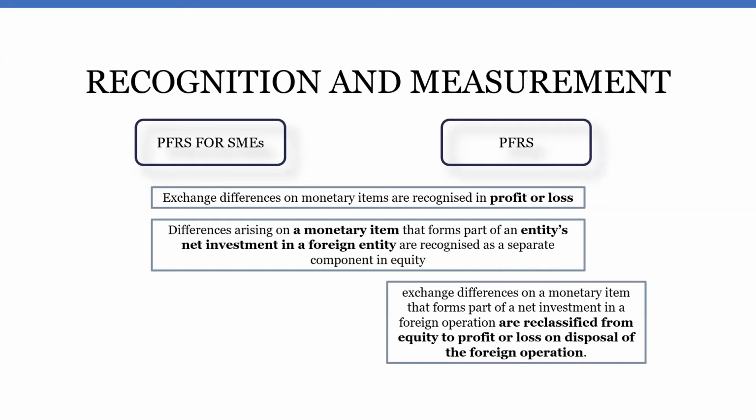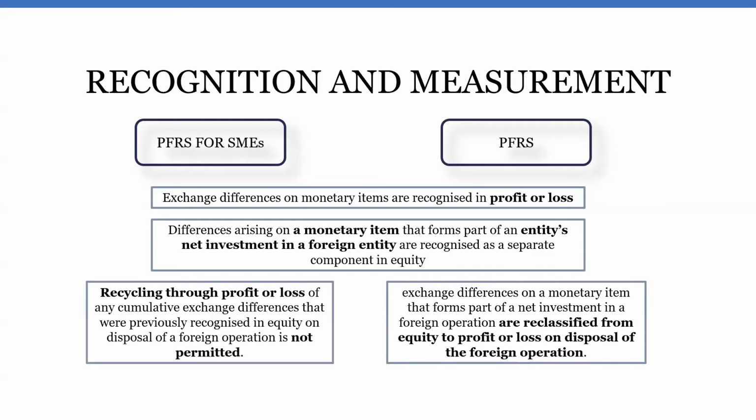For SME, recycling through profit or loss of any cumulative exchange differences that were previously recognized in equity on disposal of a foreign operation is not permitted. While in full PFRS, exchange differences on a monetary item that forms part of a net investment in a foreign operation are reclassified from equity to profit or loss once the foreign operation is disposed. So, that is the difference of SMEs.